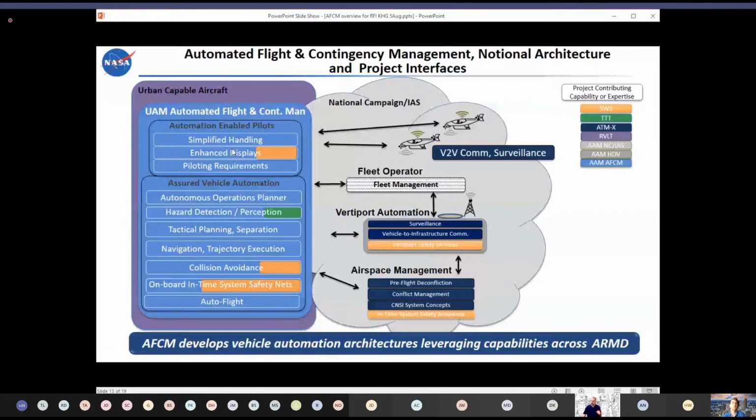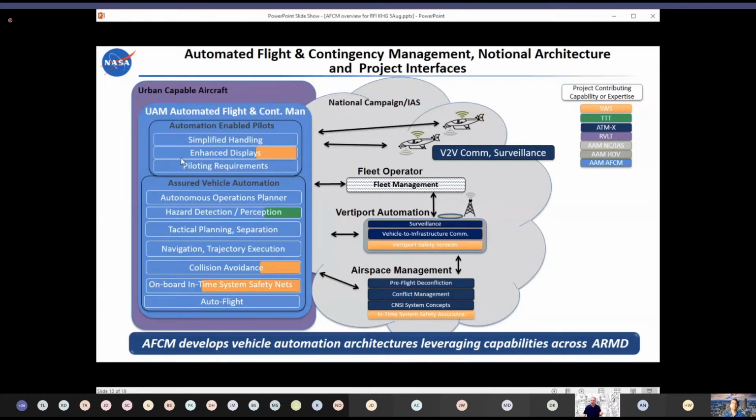The near-term things that they're focusing on include simplified handling and operations of the vehicle. So this includes the intersection of things like the flight dynamics, the manual control inceptors, as well as the flight displays and the flight procedures for UAM operations.